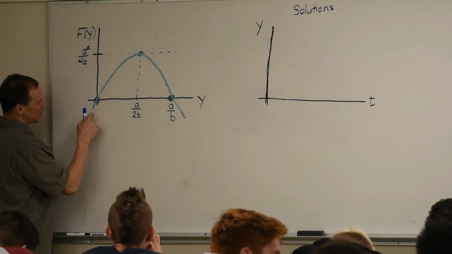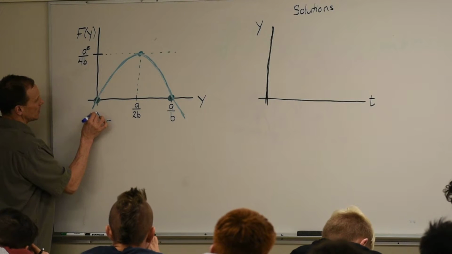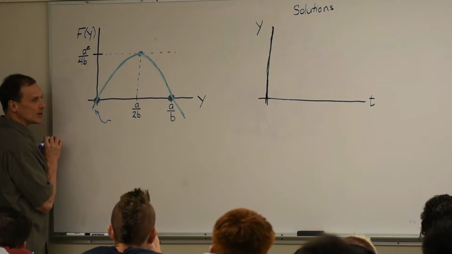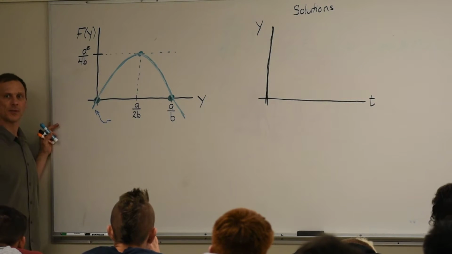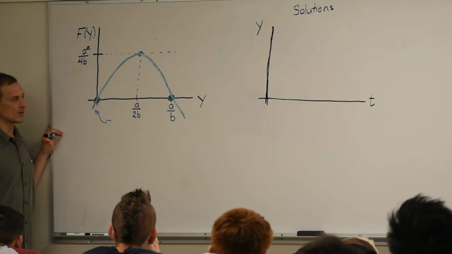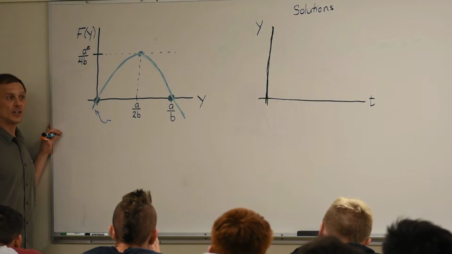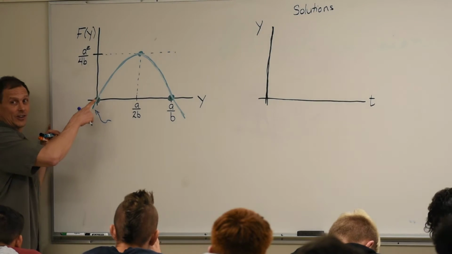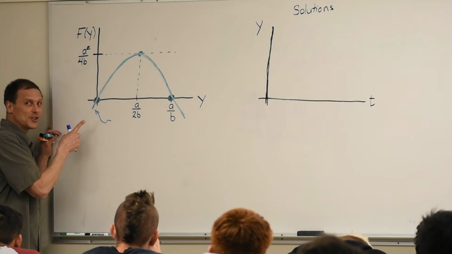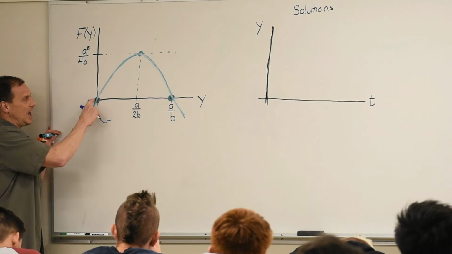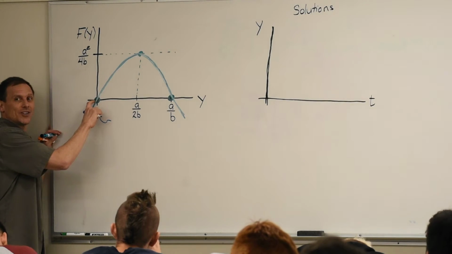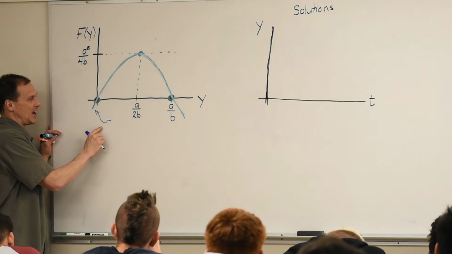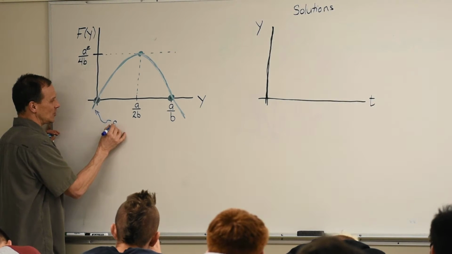So when I'm in this region out here, what do I know about my function, my solution? It's decreasing. I know this is increasing, but it's the values of the derivative function that you're interested in. And any value out here is a negative value, so you're going to have a decreasing solution.